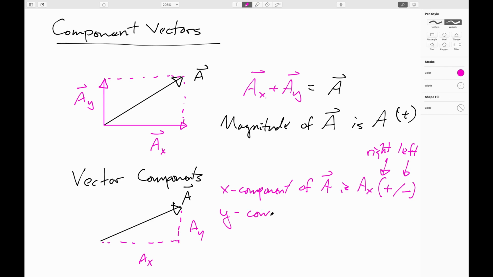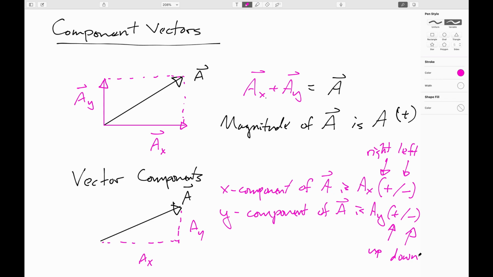Similarly, the y component of our vector A is A sub y. And again, it could be positive or negative. Positive means that the vector A points in the up-ish direction, and negative means the vector A points in the down-ish direction.